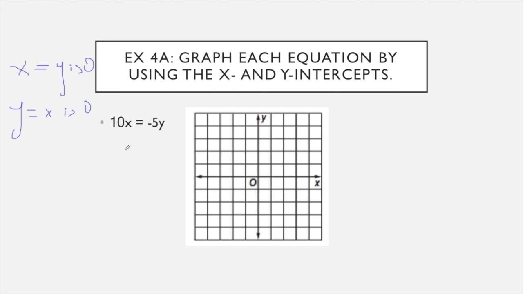So let's do the y-intercept first. So my y-intercept will be when x is 0. So 10 times 0 equals -5y. So what's my y-intercept going to be? Well, 0 equals -5y. And if I divide both sides by -5, y would equal 0.